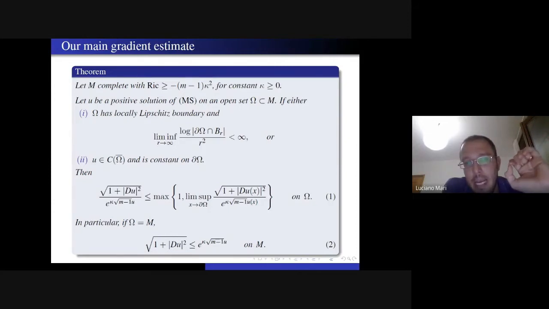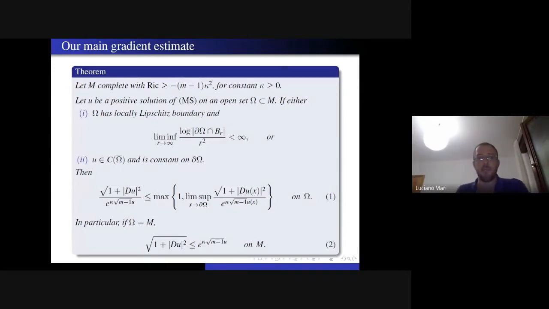The set omega can be an open set, typically it's non-compact, because otherwise everything is trivialized. The set is non-compact, and you are saying that either you attain the maximum on the boundary or you are still bounded by the quantity 1.